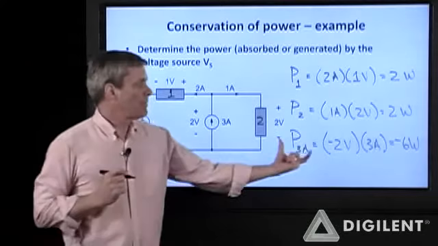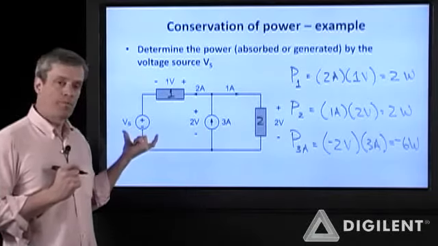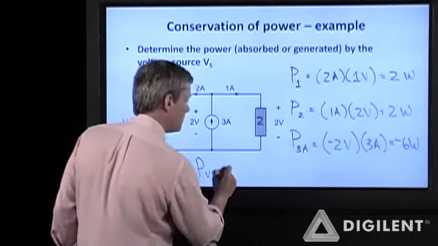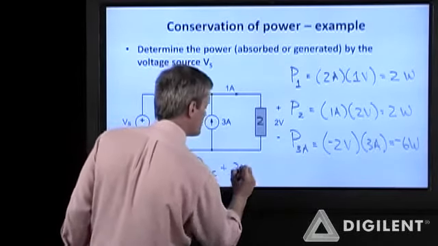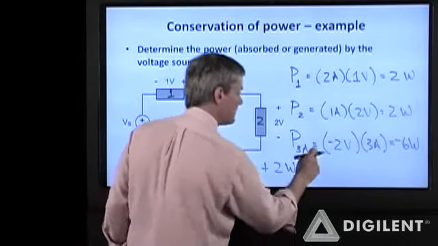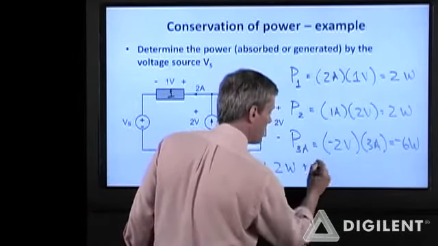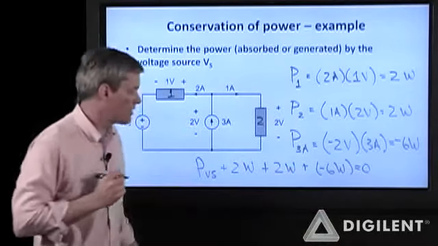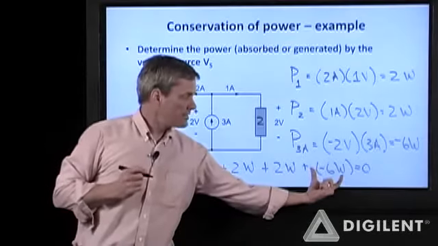So if I add up all these power contributions along with the power of V sub s, so P sub Vs plus P1, which is 2 watts, plus P2, which is 2 watts, plus P3, which is minus 6 watts, that has to sum to 0. 2 and 2 is 4, minus 6 is negative 2.